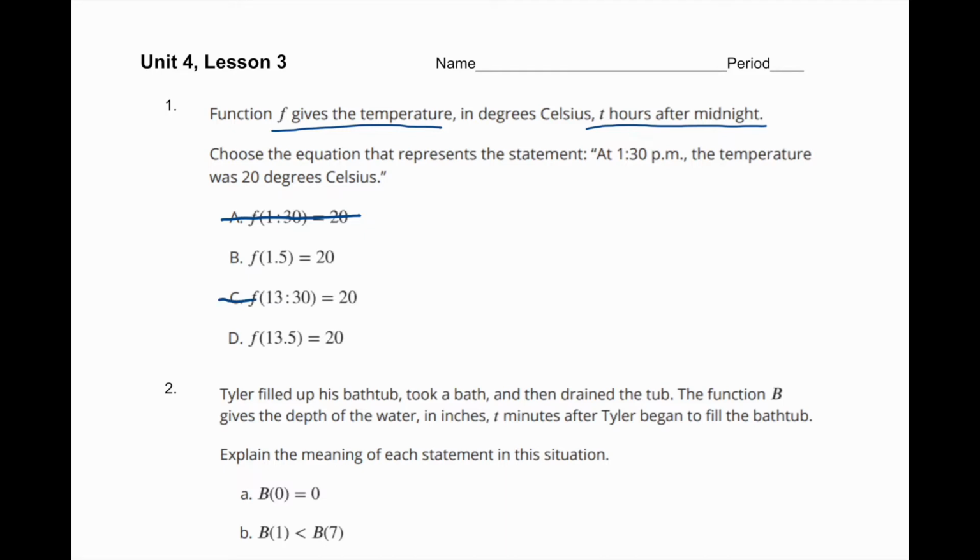We're also not going to use 13:30, which would be the military time, or 24-hour time, of 1:30 p.m. We're going to select D because 13.5 represents how many hours after midnight 1:30 p.m. is. And then the output is 20 degrees Celsius. So our option here is D. Option B would represent 1:30 a.m.